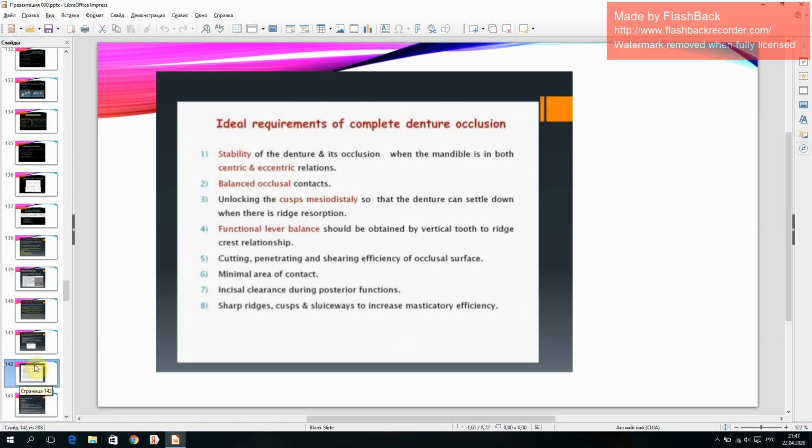Functional lever balance should be obtained by vertical forces to reach crest relationship. Cutting, penetrating, and shearing efficiently of the occlusal surface. Minimal area of contact. Clearance during posterior functions. Sharp ridges, cusps, and sluiceways to increase masticatory efficiency.